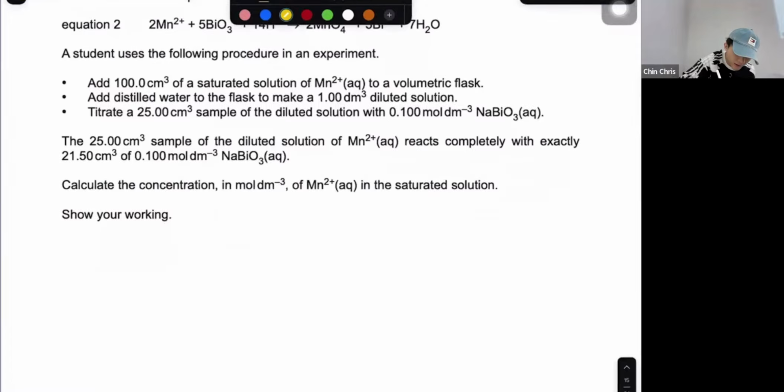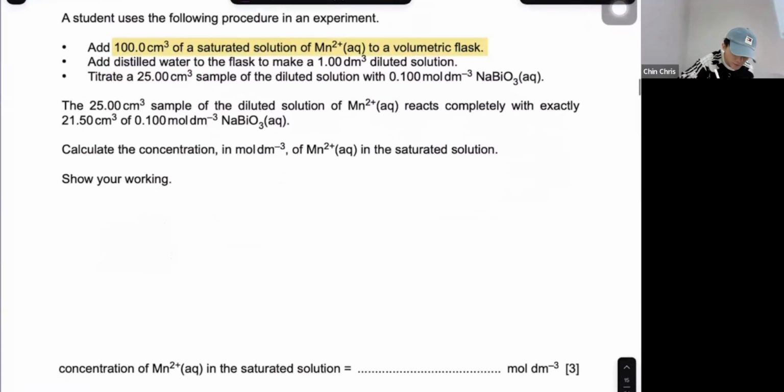So I have 100 cm cube of saturated solution in a volumetric flask. Correct. So I can draw a volumetric flask.